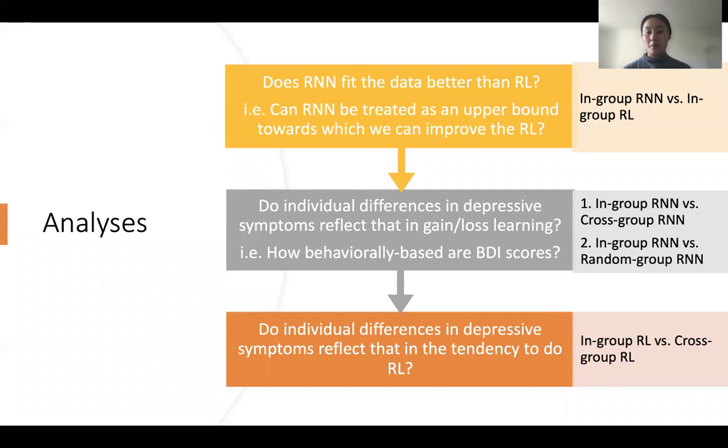We also would compare in-group versus random group cross-validation results. The final question we asked was, do individual differences in depressive symptoms reflect individual differences in the tendency to do reinforcement learning? To answer that question, we compared in-group cross-validation results for the RL model and the cross-group cross-validation results.